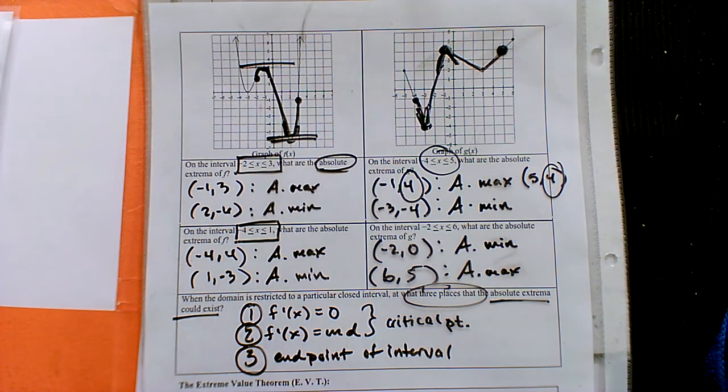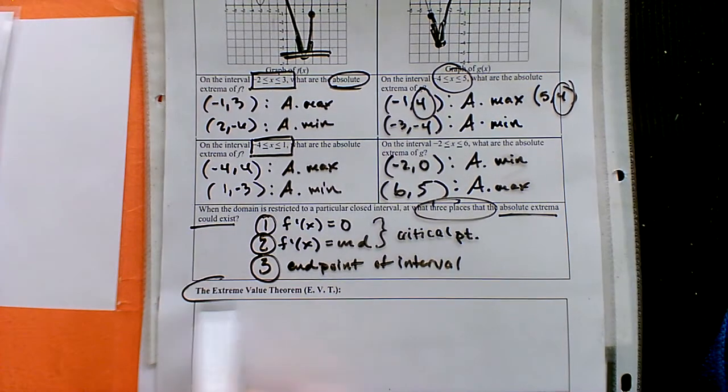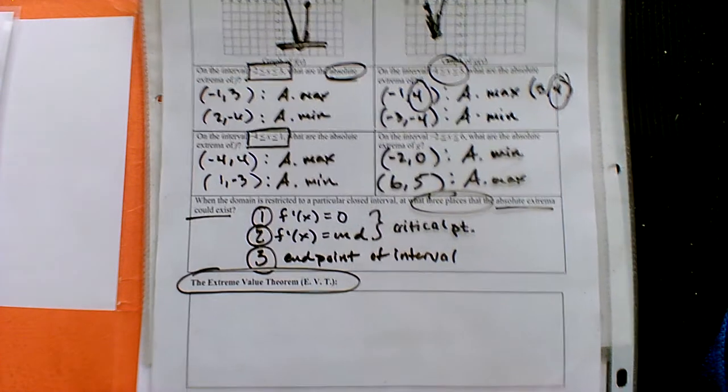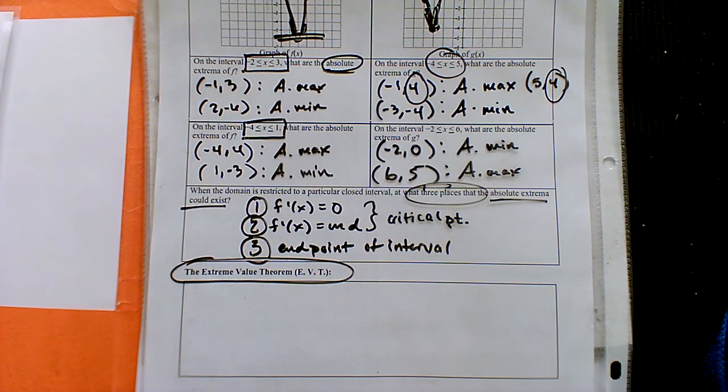Okay, so these 3 things are leading us into a very important theorem in calculus called the extreme value theorem. Extreme meaning maxes and mins, those high points and low points. And just like we talked about the intermediate value theorem at the beginning of the year, we can abbreviate this one EVT for short if you want to.